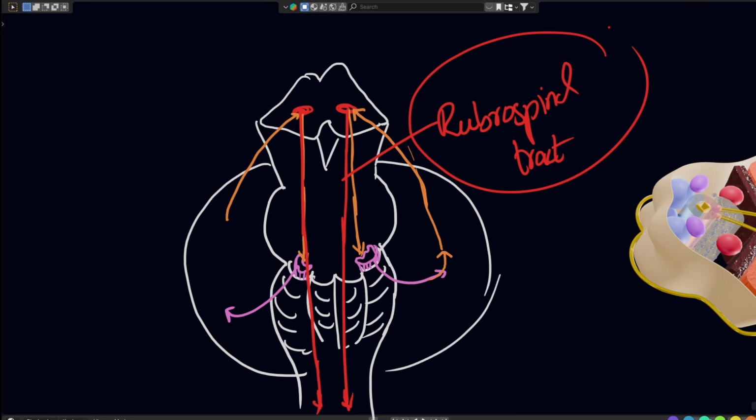So it has some role in flexion. It has some role in stimulating the flexors of your body. Actually the red nucleus is also receiving fibers from the cerebral cortex. So from the cerebral cortex, corticorubral fibers are also coming.